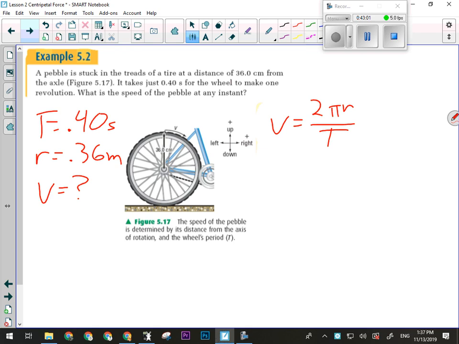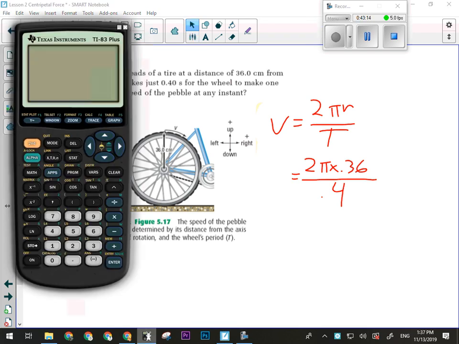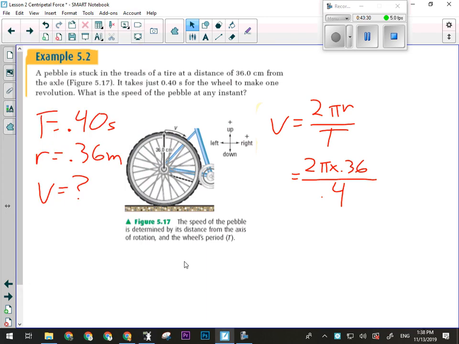Okay, so v equals 2 pi r over t. We talked about it the first day of the unit here. So if I plug in my numbers here, 2 times pi times 0.36 divided by 0.4, all right, so this rock is moving at 5.7 meters per second as it goes around on the tire.